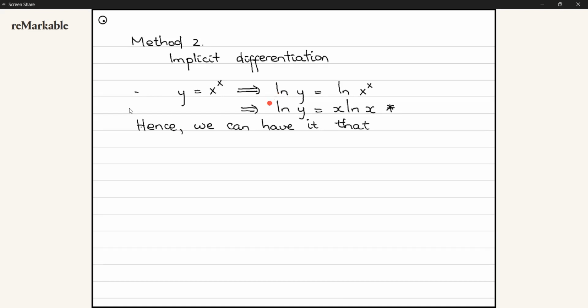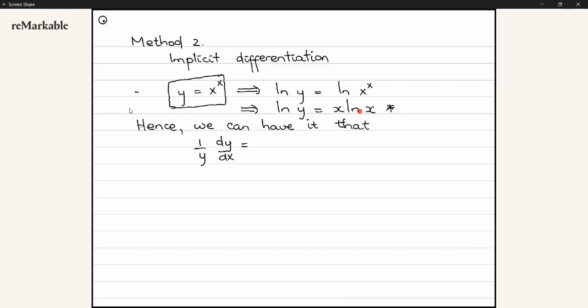So differentiating the natural log function on the left, I get 1 over the thing inside. And then since y is a function of x, I also have to use the chain rule, then I'll have to differentiate y with respect to x. And then differentiating the right hand side with respect to x, I have to use the product rule.